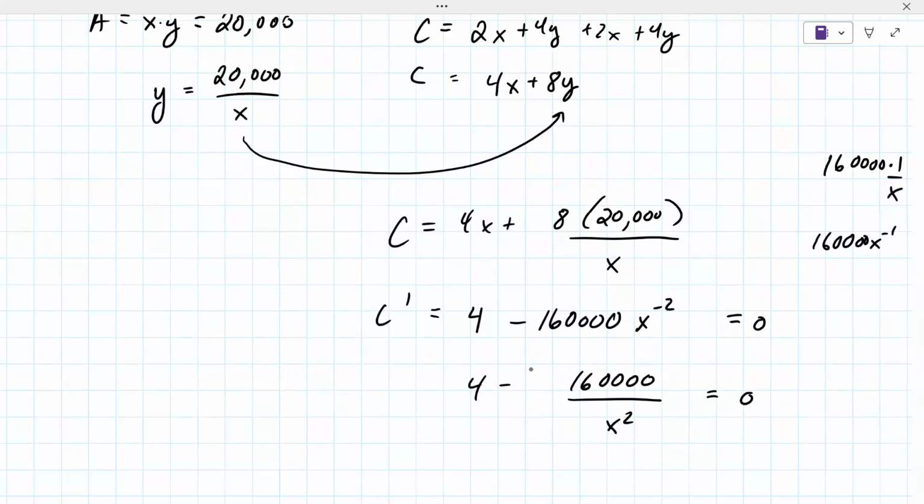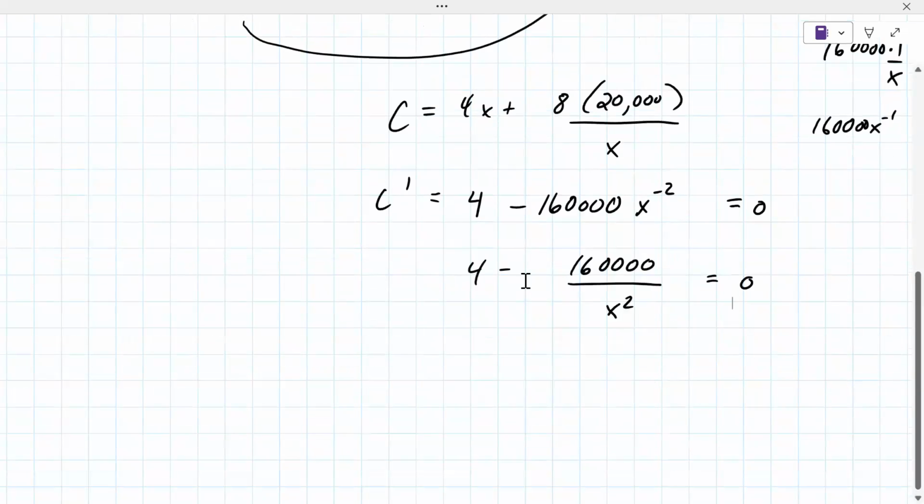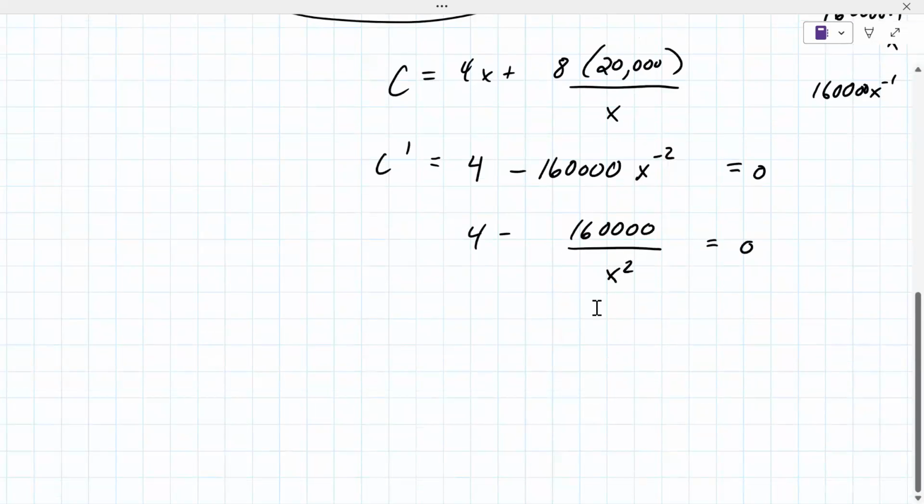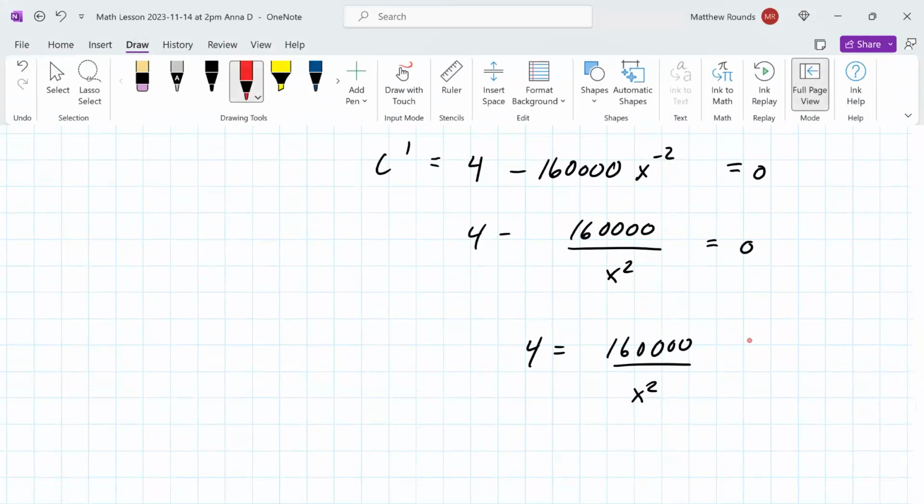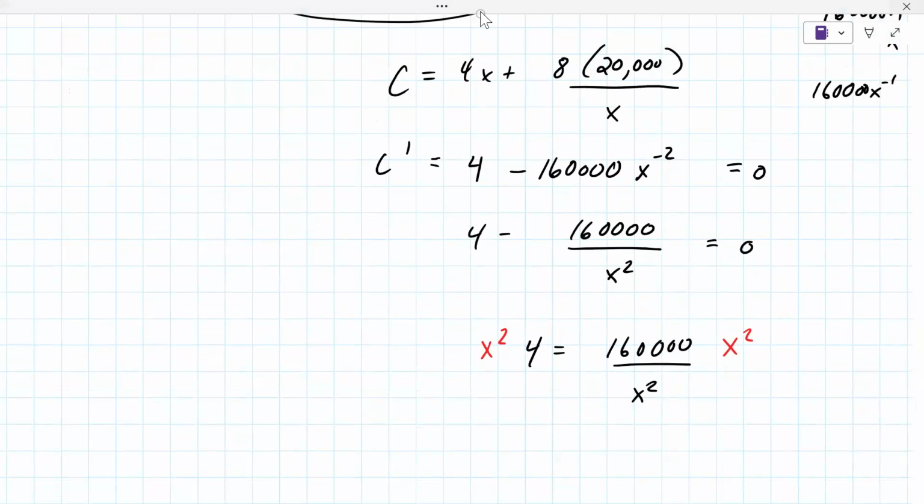So to solve for X by setting it equal to 0, you move this 160,000 over X squared to the right. You multiply both sides by X squared to clear that out. And so you're left with 4X squared equals 160,000.